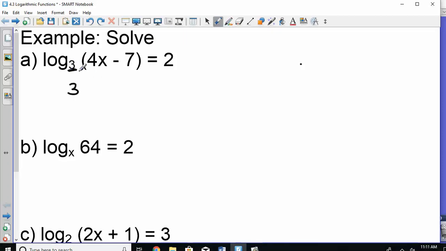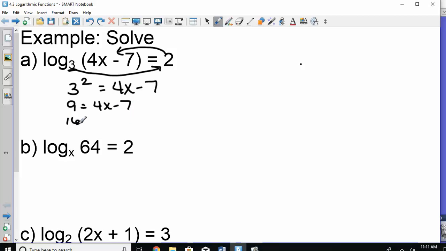So it'd be 3 to the second power equals 4x minus 7. And now this is an easy equation to solve. 3 squared is 9. Add our 7. Divide by 4. And x is 4.